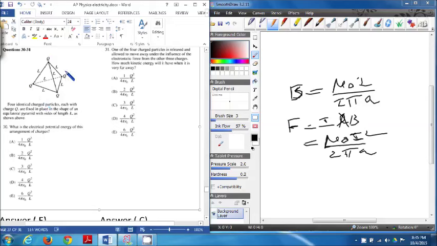In the new configuration, one charge goes away, so we have 2 pairs with this, and then 3 pairs, so 3Q square by L, whereas the original configuration potential energy is 6Q square by L. So the difference is 3Q square by L. So the answer is C.